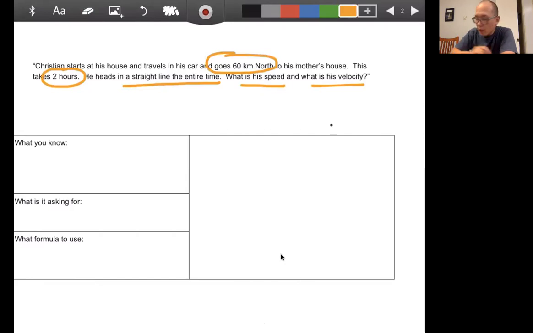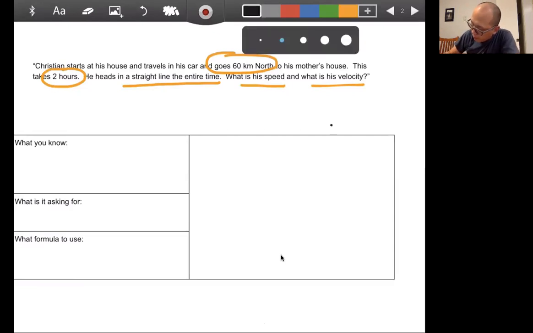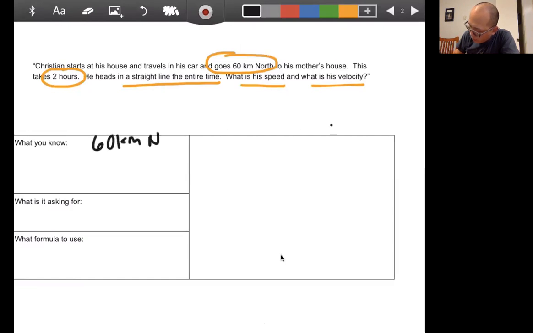Okay, all right, good. So in this situation, let's figure out what we know. We know that Christian traveled 60 kilometers north in a straight line. So I guess there's two ways you could look at it. You could say he went a distance of 60 kilometers.